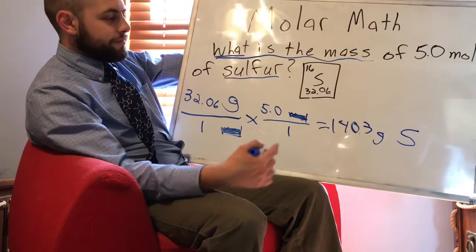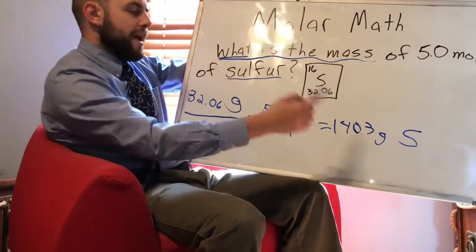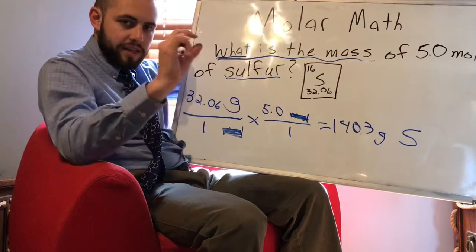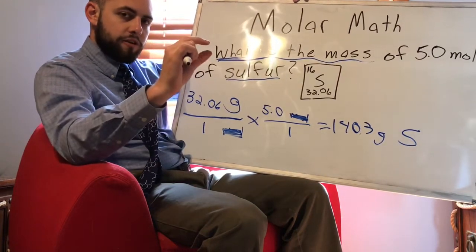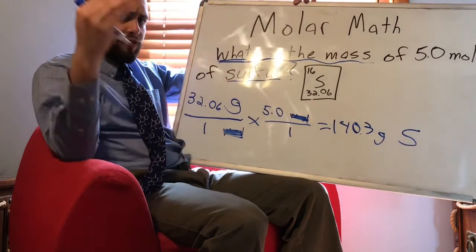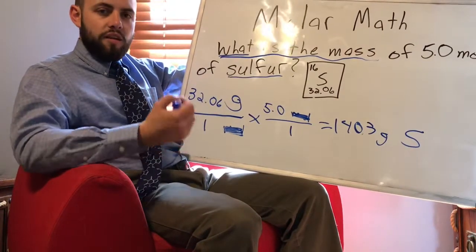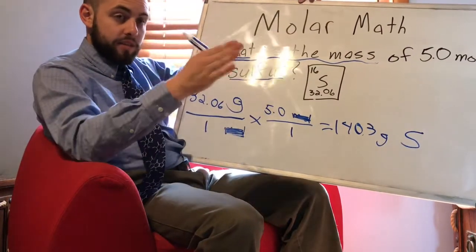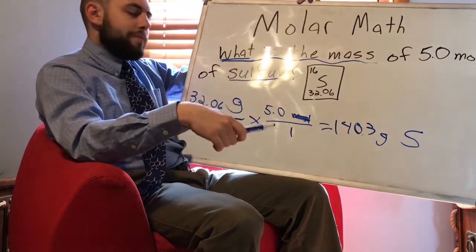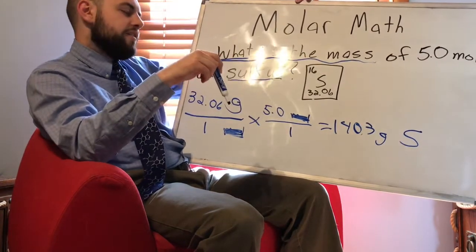So instead, we work out this math so that we can take something on a microscopic scale, like little tiny atoms of sulfur, and we can bring it up to something more reasonable on the macroscopic scale, 140.3 grams of sulfur. That's something we would be able to see with our eyes, we could measure it with equipment, and we wouldn't have to count individual atoms.